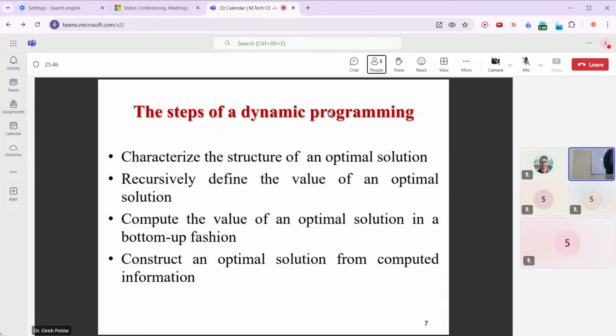So what I was saying is the working principle of dynamic programming is that it works on the principle of optimality. As I was telling, it breaks the given problem into sub-problems and each sub-problem is solved by the same approach recursively.